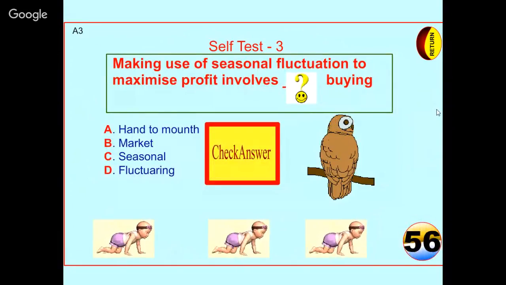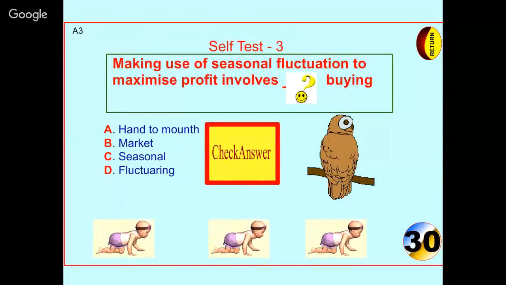Making use of seasonal fluctuations to maximize profit involves dash buying. Is it hand-to-mouth buying? Is it market buying? Is it seasonal buying? Is it fluctuating buying? 38 seconds remaining, 36, 35, 34, 33.